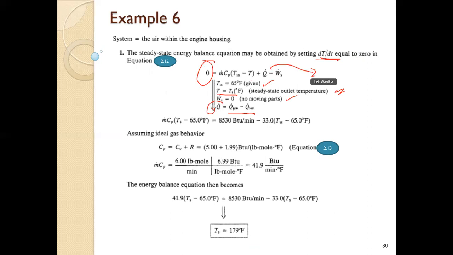This is equal to Q gen minus Q loss. We have Q generated from the engine and Q lost from the housing to the surrounding. Okay, MCP (T in minus T), where T is TS, the steady state, at 65.